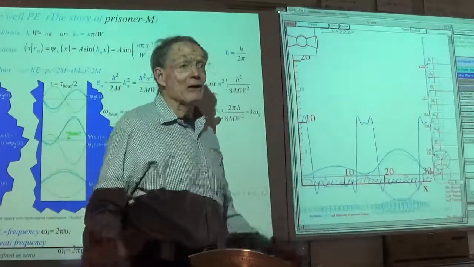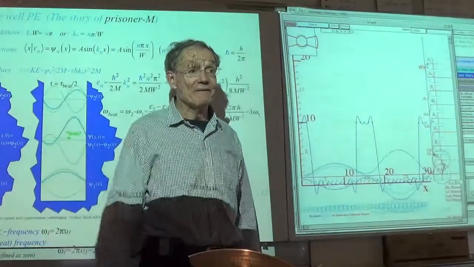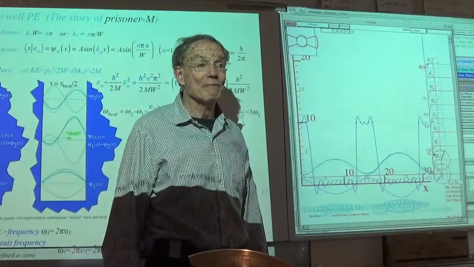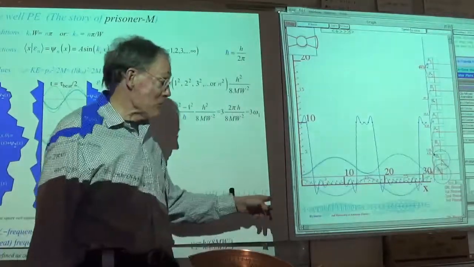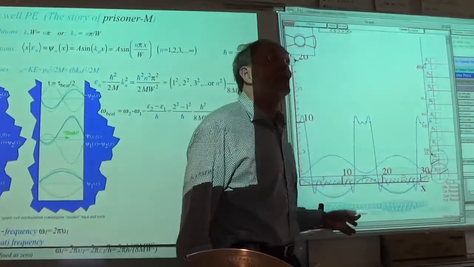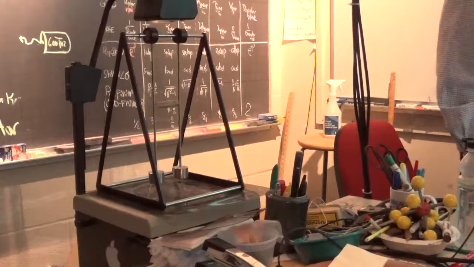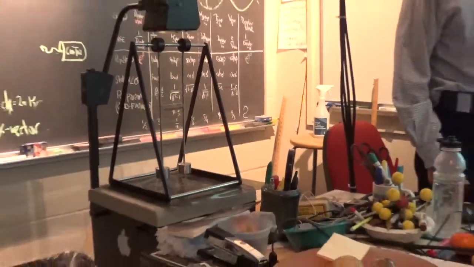And it has a classical analog, our two pendulums. This is one pendulum, that's the other pendulum. It's just a lot more complicated because I really have an infinite number of these things, or nearly an infinite number. Does this make sense?